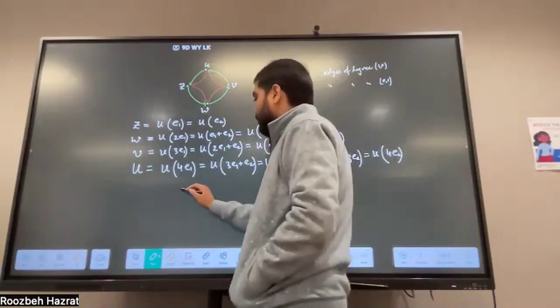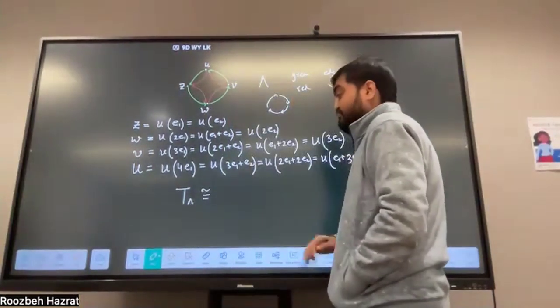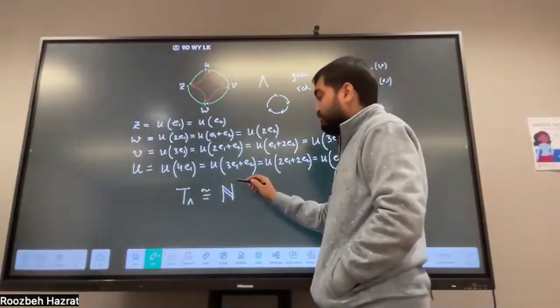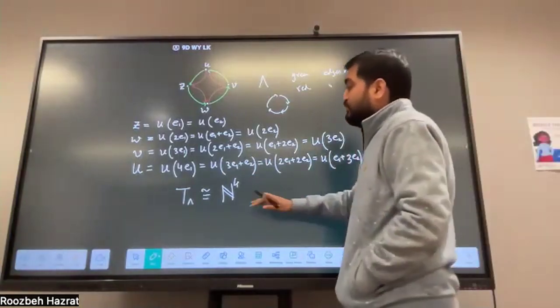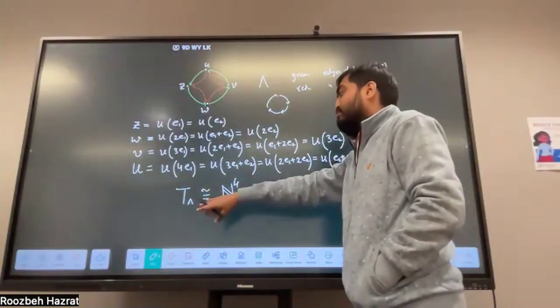and you can easily compute that the talented monoid is isomorphic, first as a monoid, with this direct sum of 4 copies of N, so N^4, right? And this is not an ordinary isomorphism of commutative monoids. In fact, this preserves the action.